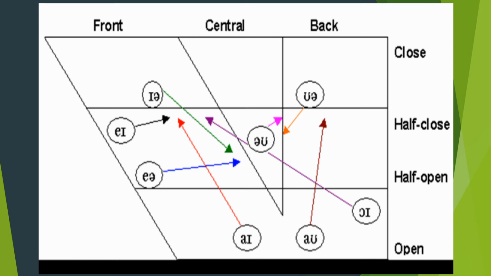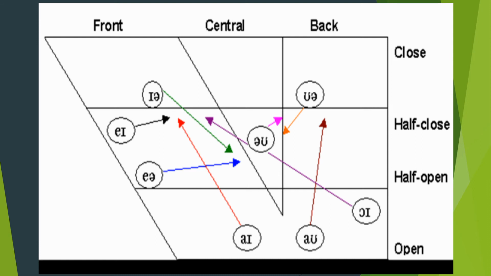Okay, this is the first cluster. Three diphthongs are there which are gliding towards E. One is this black arrow, A. Second is this red arrow, I. Third is this violet arrow, oi. Second cluster, in which the gliding is towards U. There are two diphthongs like this.